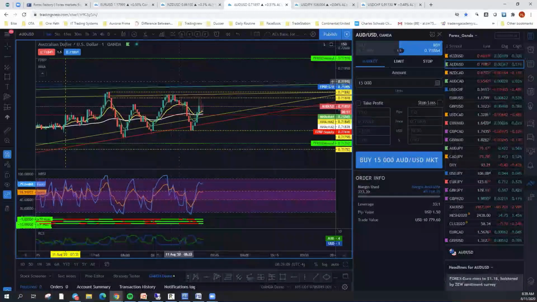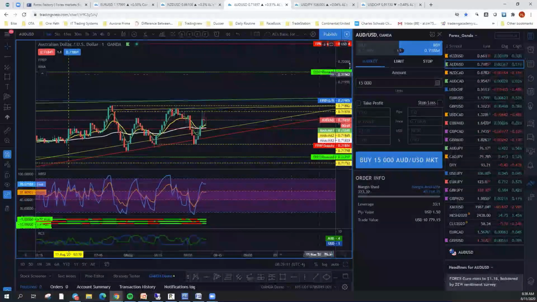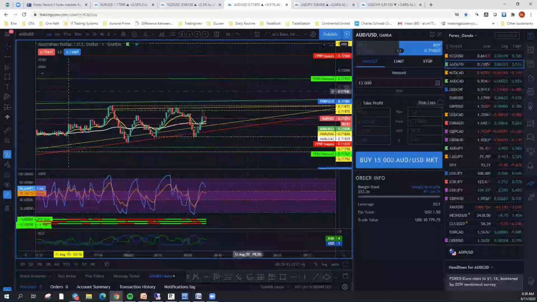So once that breaks, I think you see a potential of a nice little move.